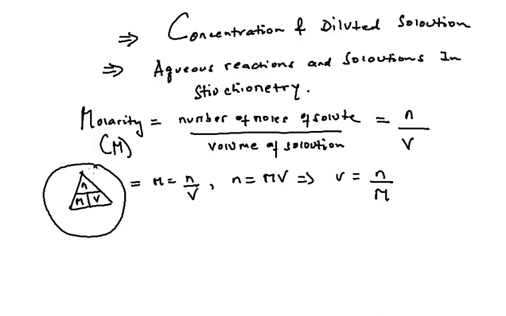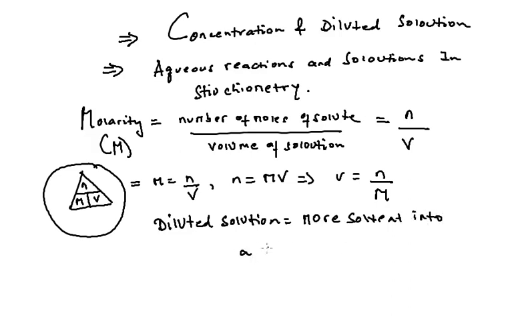Having said this, I'm going to discuss how we prepare a diluted solution from a concentrated solution. So what does diluted mean? Diluted means if you add more water or more solvent into a concentrated solution, it becomes diluted.